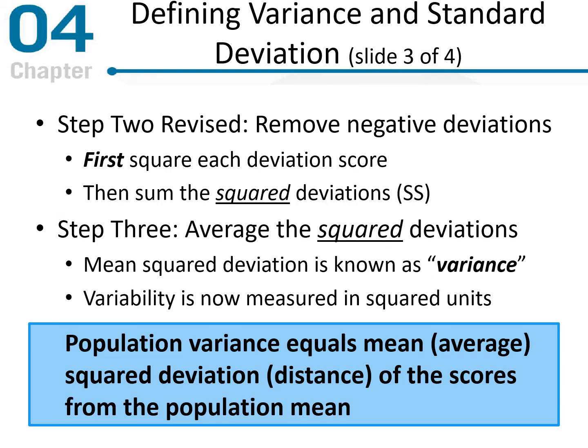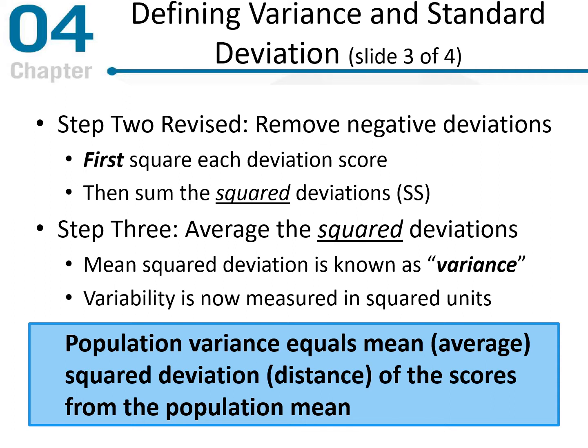So the alternative method is you take those deviation scores that you just calculated, but you don't add them up, because if you add them up, you get 0. Before you add them up, square all those deviation scores. Once you square those deviation scores, guess what? You get rid of the negatives, and therefore you don't have this canceling out. You don't have it adding up to 0 anymore.